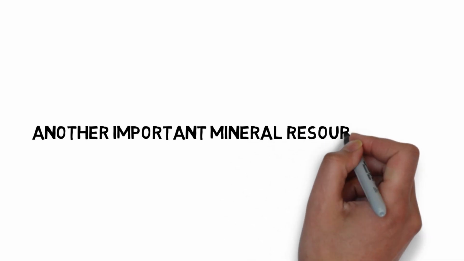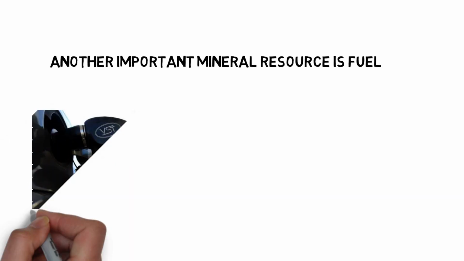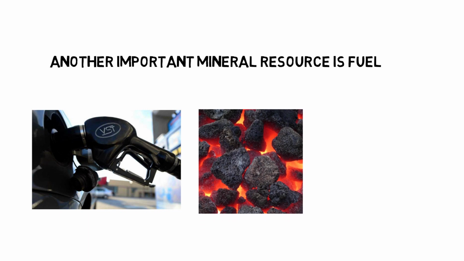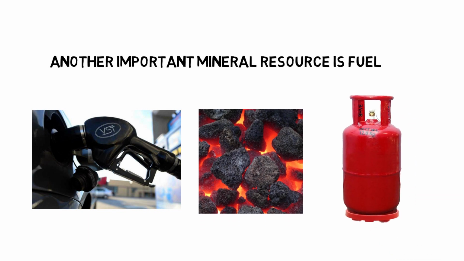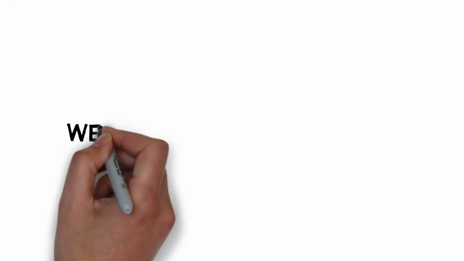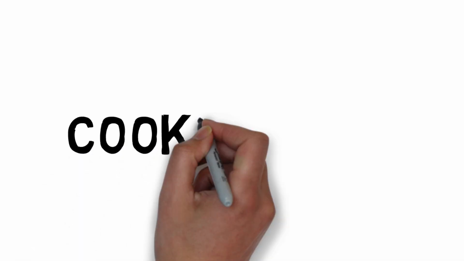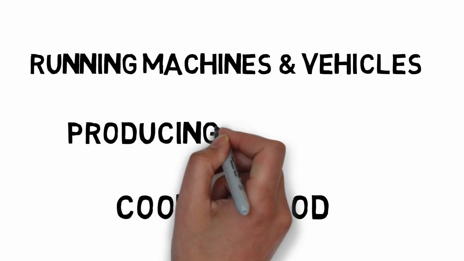That means those we burn to get energy and heat, like oil, that means petroleum, coal, that means koila, and natural gas or prakritik gas. That is our useful fuel. We get heat and energy for running machines, vehicles, cooking our food, and also producing electricity.